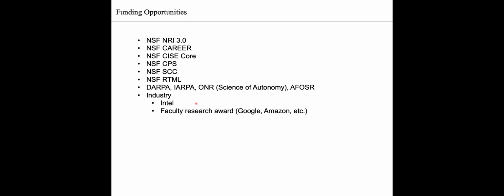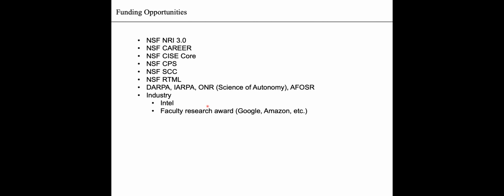Okay, and also I will try to apply for funding from industry. I already mentioned that we have one ongoing research project that is sponsored by Intel. So I think we are building a good relationship with Intel, and there are going to be potentially more funding opportunities in the future.